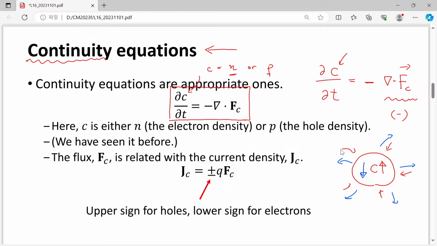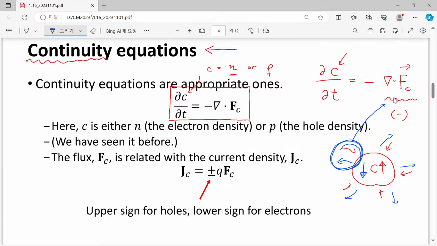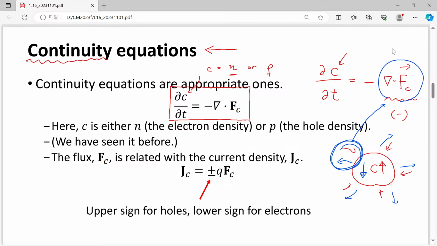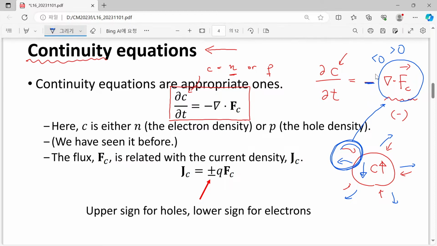This incoming or outgoing quantity is represented by the divergence of flux. If this quantity is positive, then the flux is outgoing, and if this is negative, then the flux is incoming. That's the reason why we have the negative sign here to balance the physical meaning.